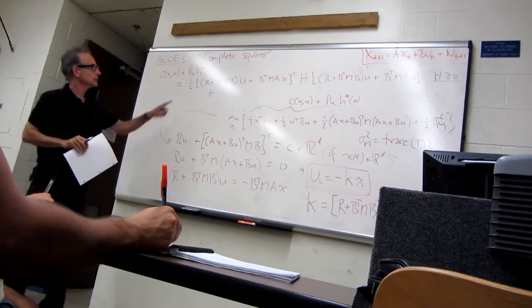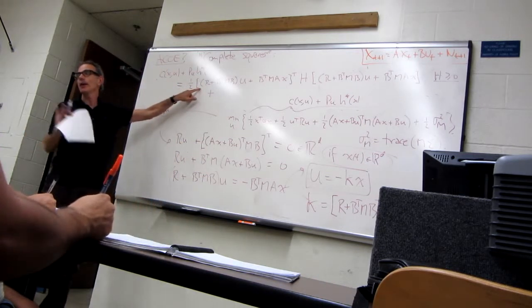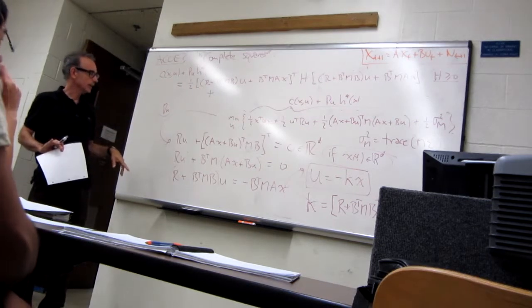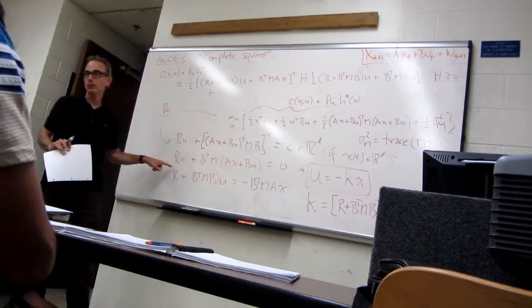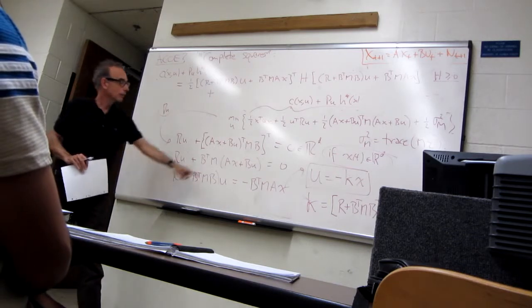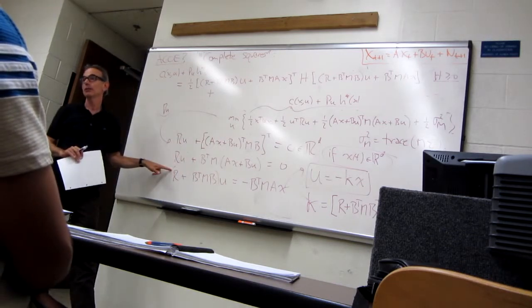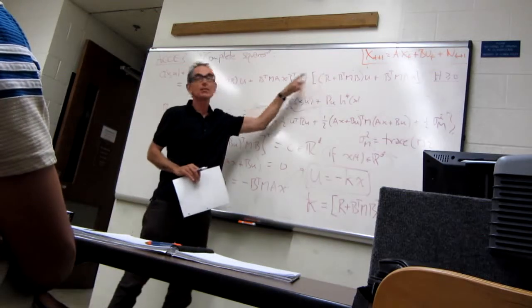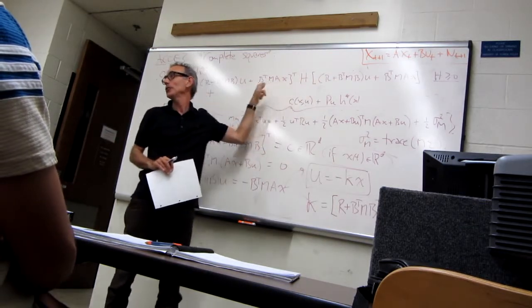Now, I claim I can write this down without even doing any algebra. Given that the calculus says the gradient with respect to u is this, and solving that equation is what I have to do to get the optimal u, I know that the term is a function of u.